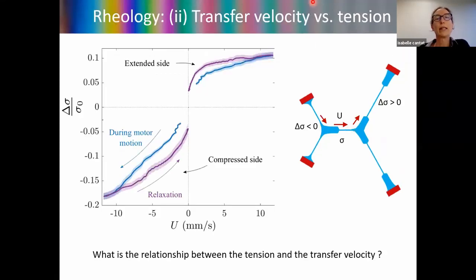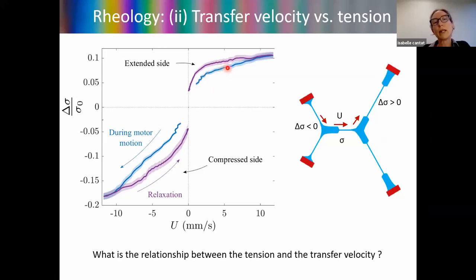So now we can again try to do rheology and plot a force as a function of, this time, a velocity. If I plot the surface tension difference between this film and this film, so for the extended side, as a function of the Frankel film velocity in the central film, I get something like this. Here again, the time begins here.